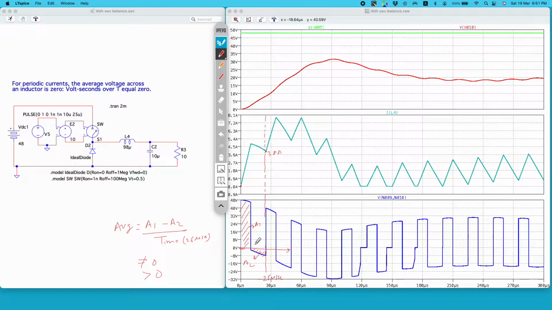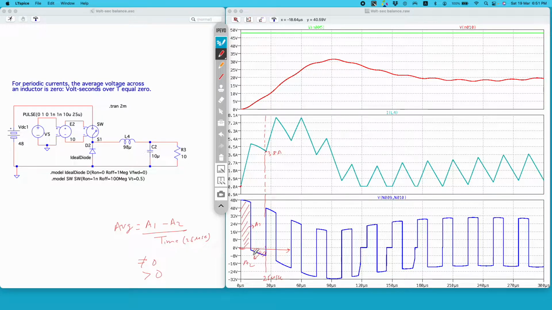So therefore you can see we are violating the volt-second balance principle here. Since current is not periodic, the average voltage across the inductor is not 0. Or in the opposite manner, we can say that since the average voltage across the inductor is not 0, the current flowing through the inductor is not periodic in nature.